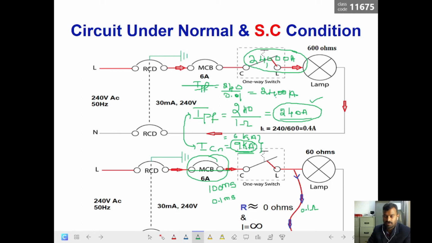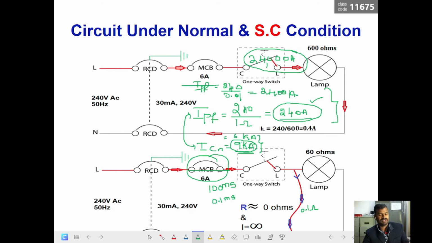If you consider 0.1, you get 2400 amperes of fault current, and with 0.01 ohms you get 24,000 amperes. The first two fault currents can be safely isolated by this MCB, but the third condition, 24,000 amperes, it cannot safely disconnect because the ICN value is only 9 kilo amperes. So this is the difference between ICN and IPF.